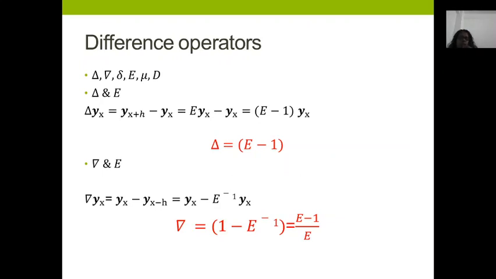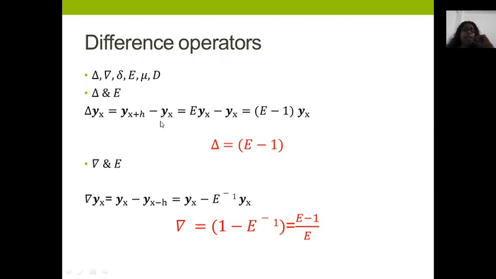So we are now finding some equations to do some problems. You just have a look at this equation. We have seen all these symbols: delta, inverted delta, small letter delta, E, mu, D. What are they? Forward, backward, central, shift, average, and finally the differential operator. So we can deduce some relations. Delta y x, you remember, the first forward difference, can be written as y of x plus h minus y x.